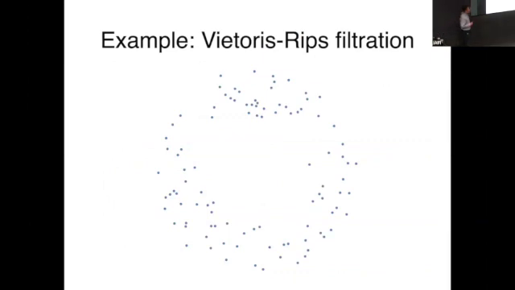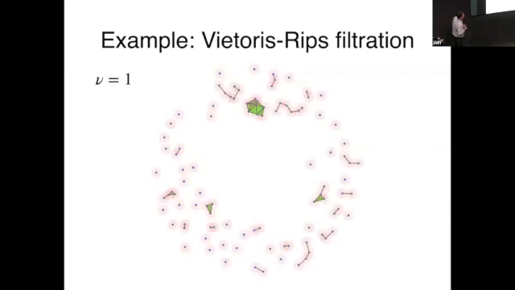So we have, again, our set of data points that are sampled from an annulus. And you can see how persistent homology can systematically characterize the data's topology with a sequence of simplicial complexes. So we form simplices as follows. First, we fatten the points to spheres with some radius.